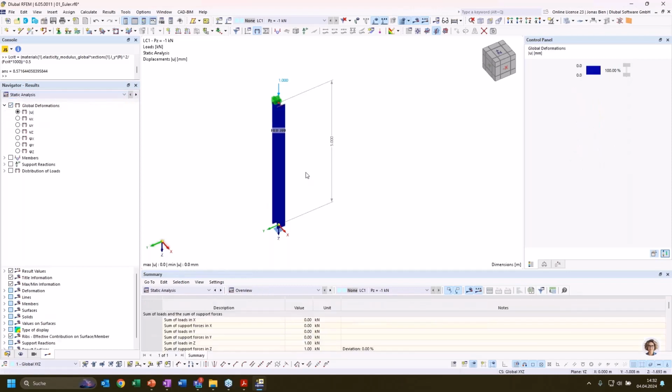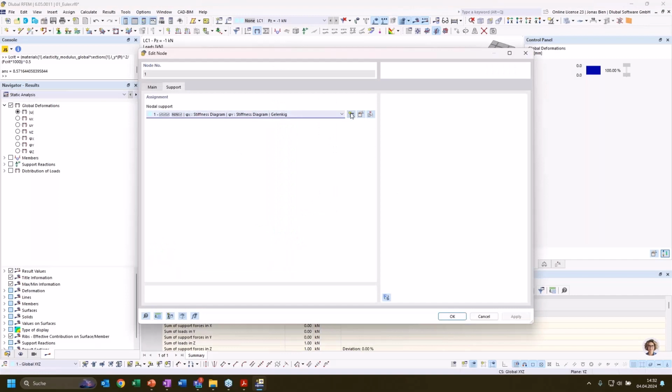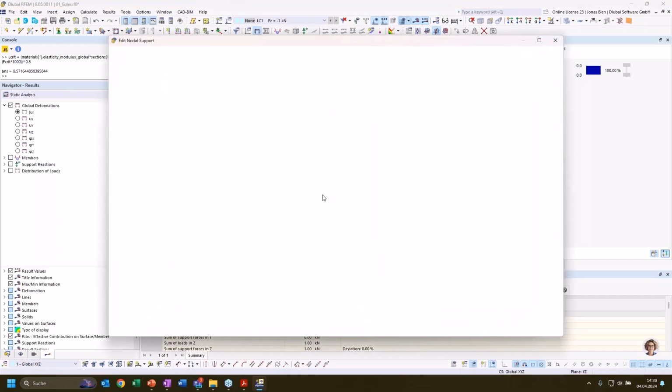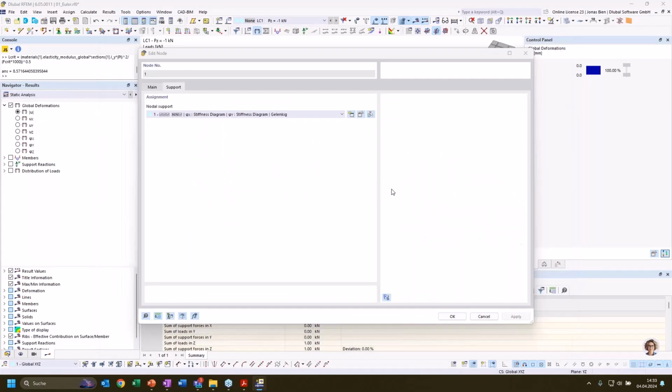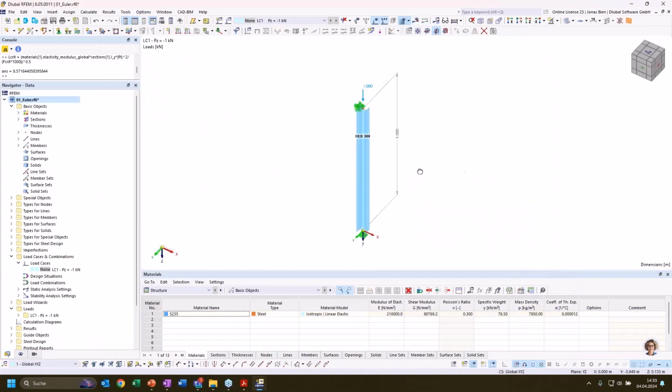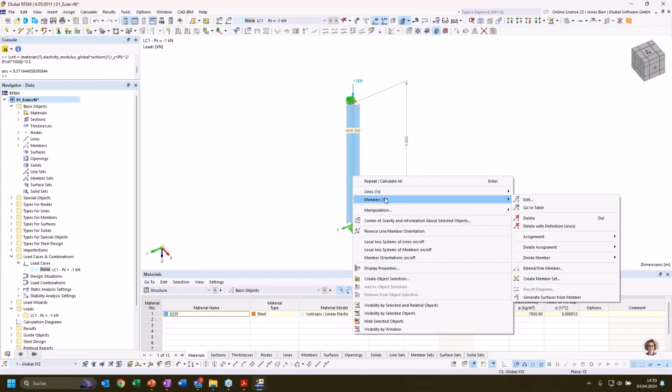So if we have a tension member that is under tension, it will be taken into consideration in the structural stability analysis as well, and vice versa. Okay, then one last thing to finish this simple example. Let's delete this nonlinearity and see what happens if we divide this member in half.